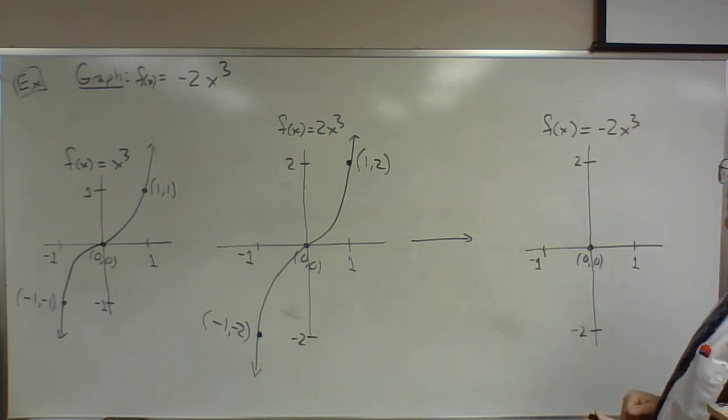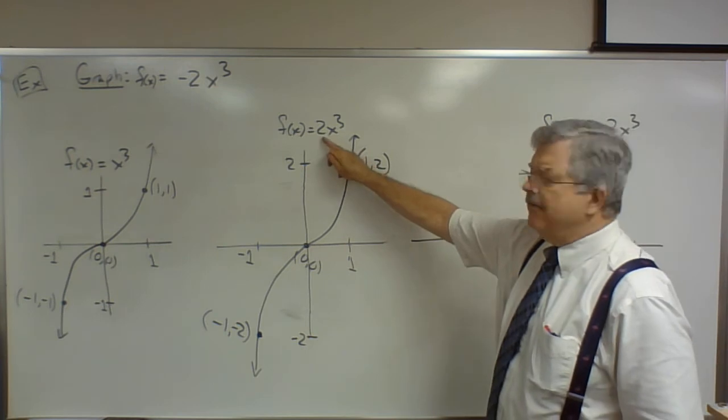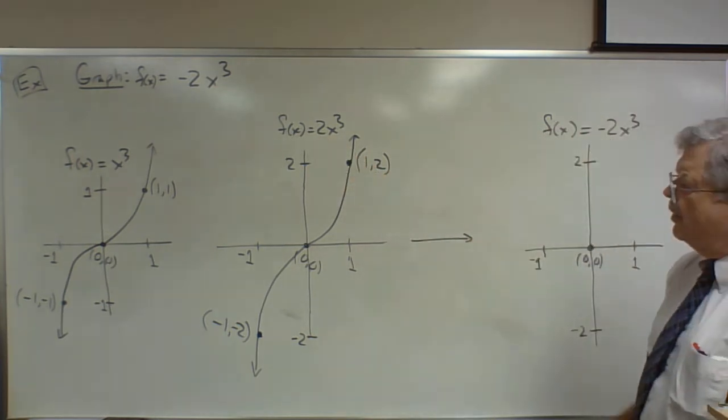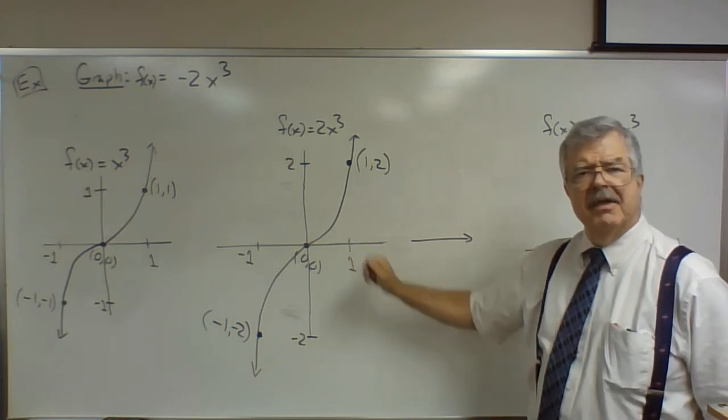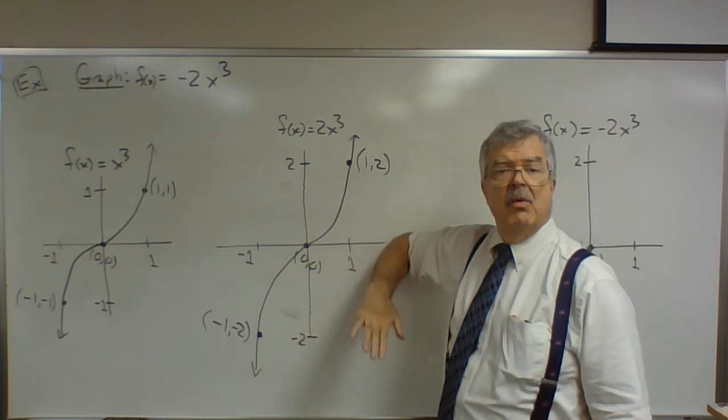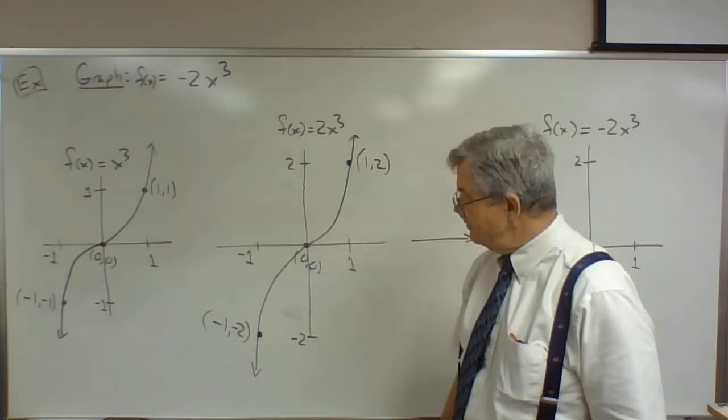Now, when we take this graph and multiply it by -1, what does that do to this graph? When we multiply a graph by -1, doesn't it flip that whole thing about the x-axis?